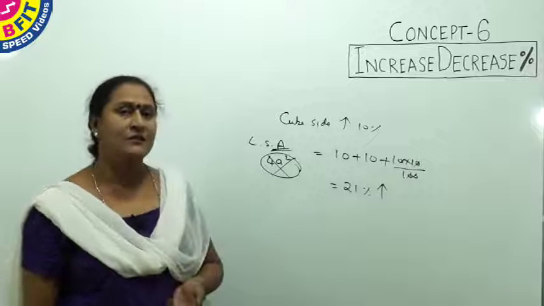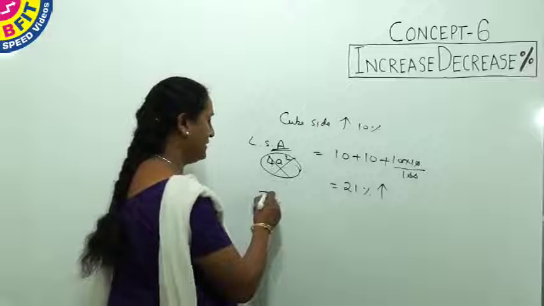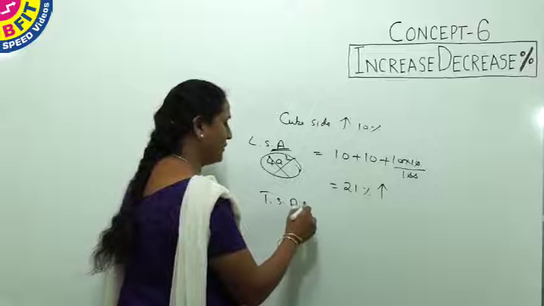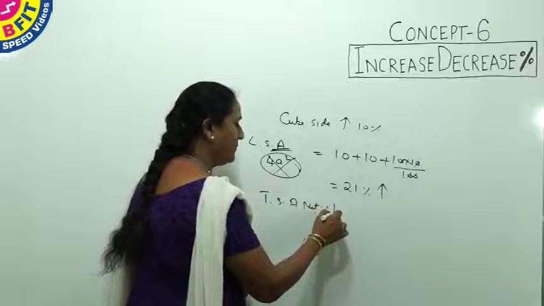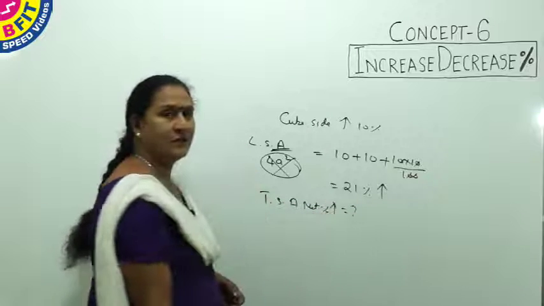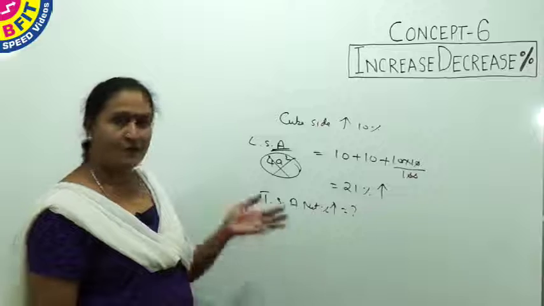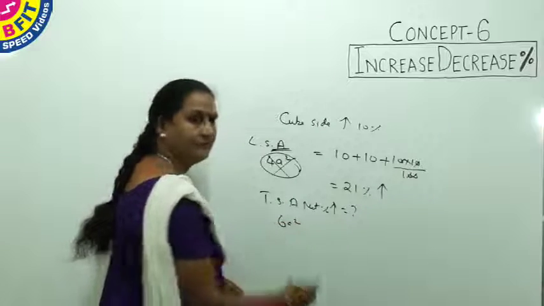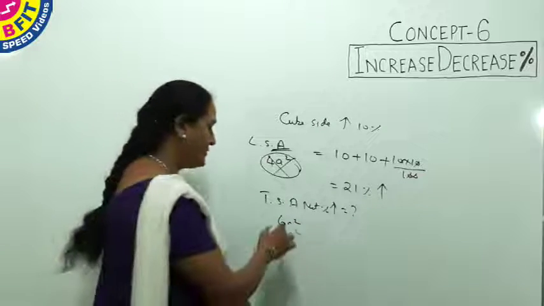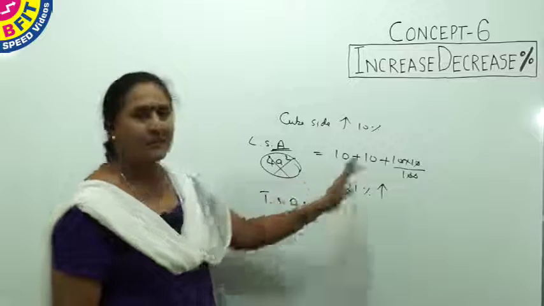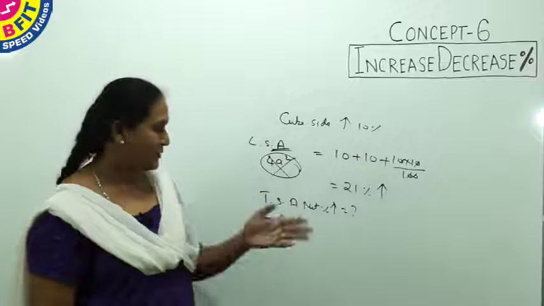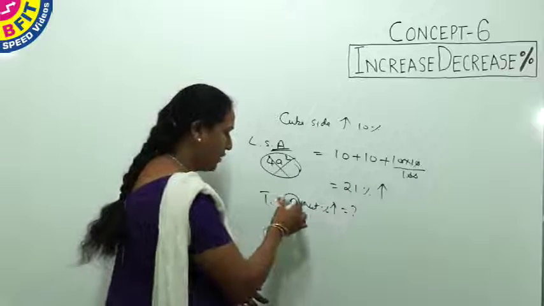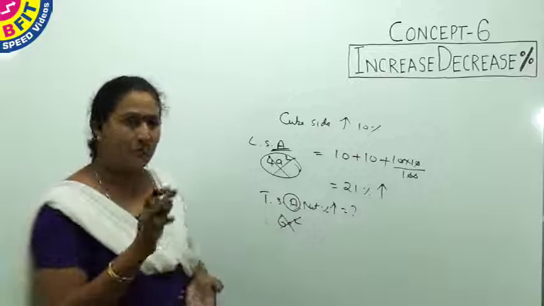Suppose if they ask for total surface area increase. So for total surface area, if net percentage increase is asked, what will be the value? So what is the formula for TSA for a cube? It is 6A square. So here no need to use this formula also. It will be the same 21%, because again we are talking about area increase which is two-dimensional.